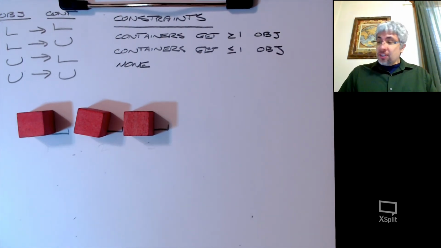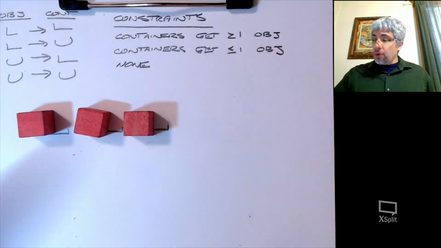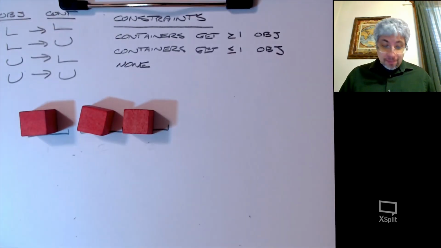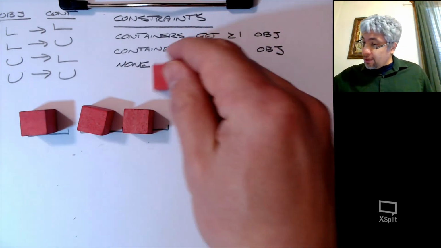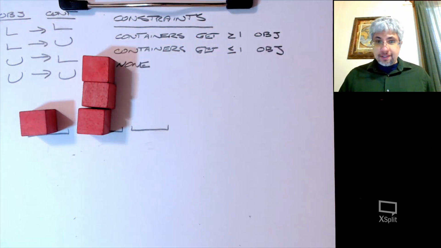In addition, we could put some constraints. For example, if I say containers get greater than or equal to 1, or less than or equal to 1 object here, the only way to do that with this number of objects is to put 1 in each. But if I say containers must get greater than 1 object, now I could do something like that, but I can't do something like that.